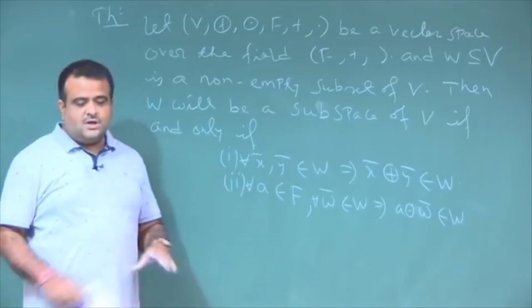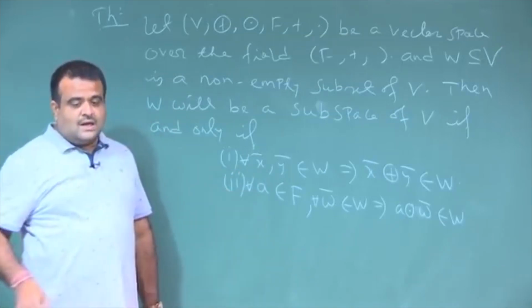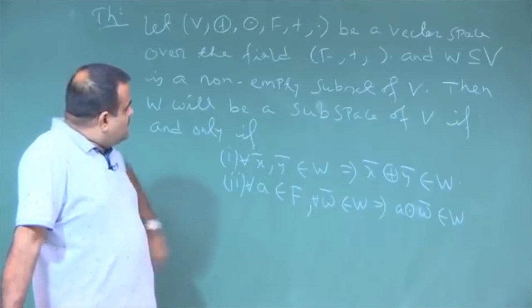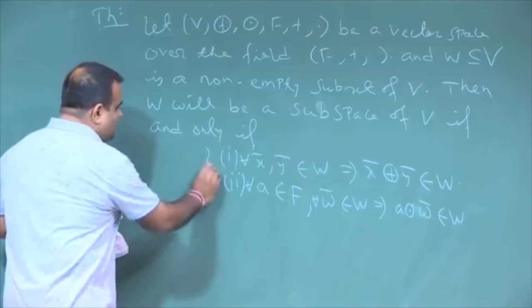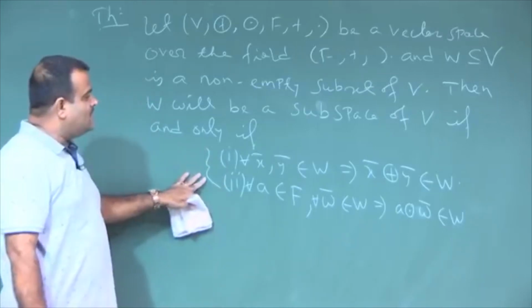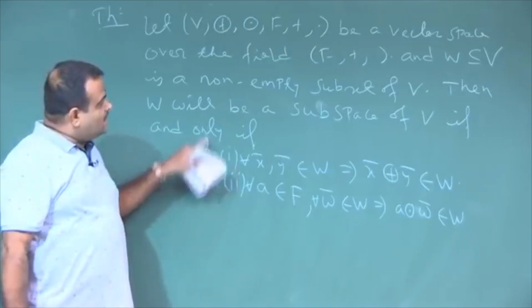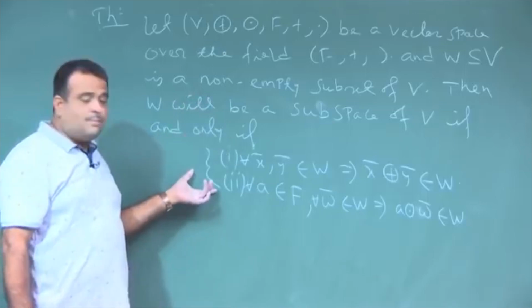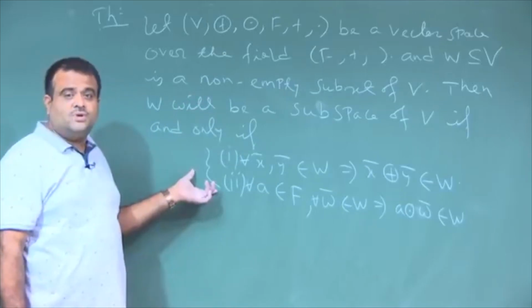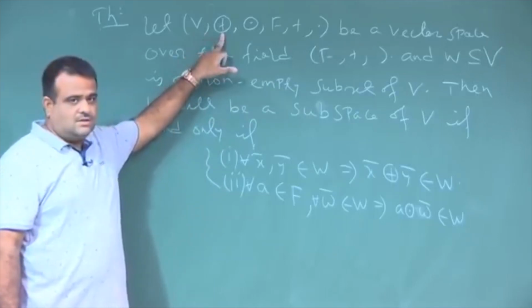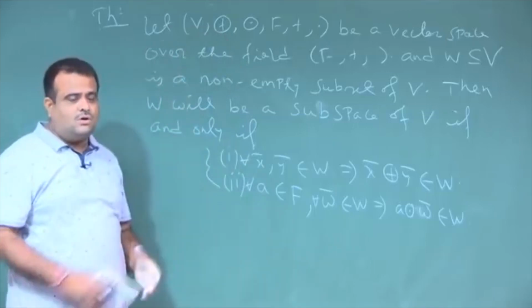Now, the reverse. Reverse means if this condition is satisfied, the sufficient condition, then we can say this is a vector space. For that we need to show that W is a subgroup of the abelian group, because W has to be a group under this plus in order to be a vector space.